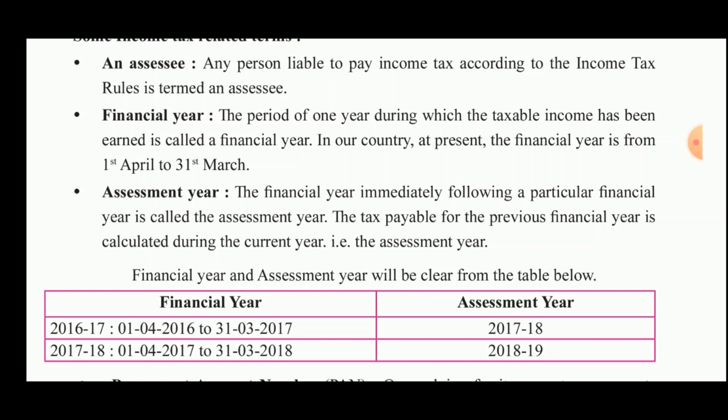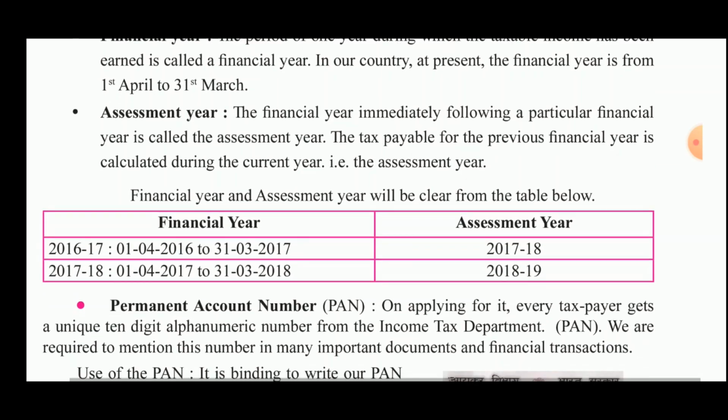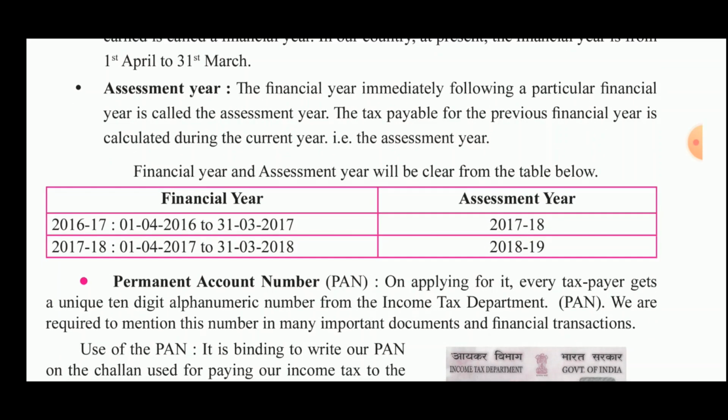Now, the assessment year. The financial year immediately following a particular financial year is called the assessment year. The tax payable for the previous financial year is calculated during the current year, that is the assessment year. Now, this financial year and the assessment year will be clear from the following table.